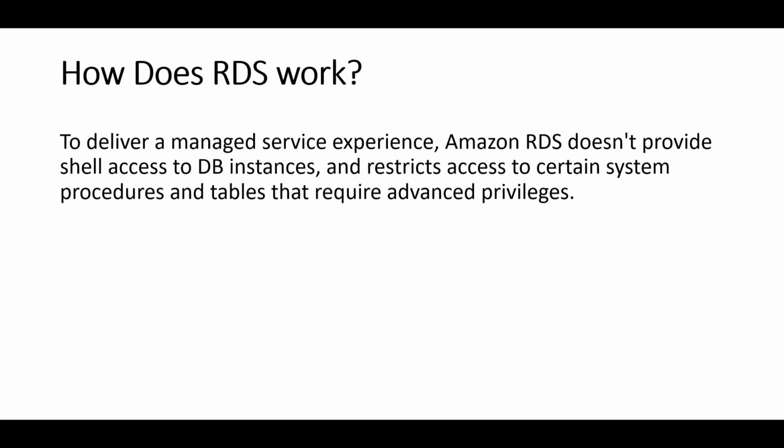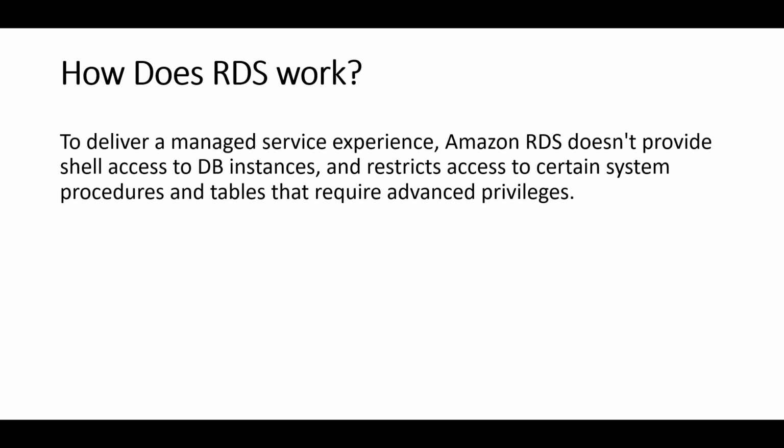So how does RDS work? To deliver a managed service experience, Amazon RDS does not provide shell access to DB instances and restricts access to certain system procedures and tables that require advanced privileges. As I said in my previous videos, in Amazon RDS you do not get access to the host.